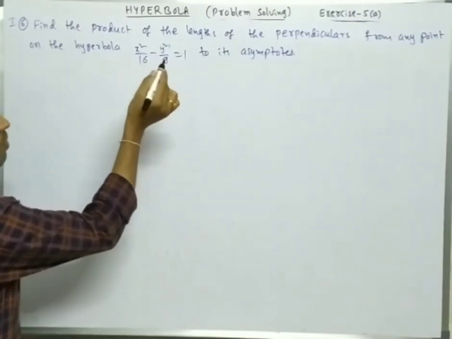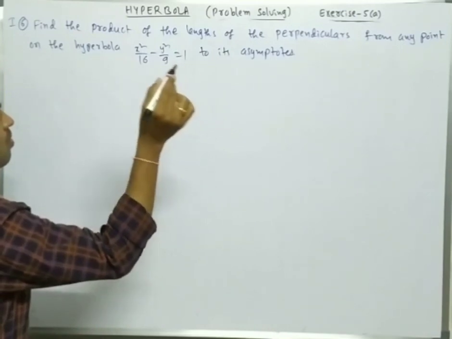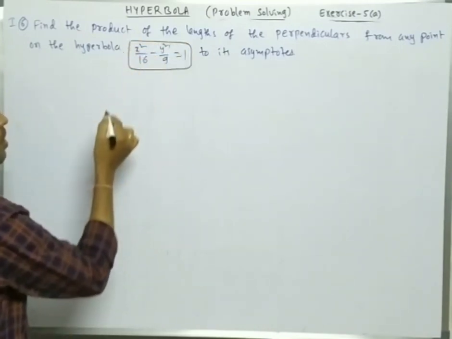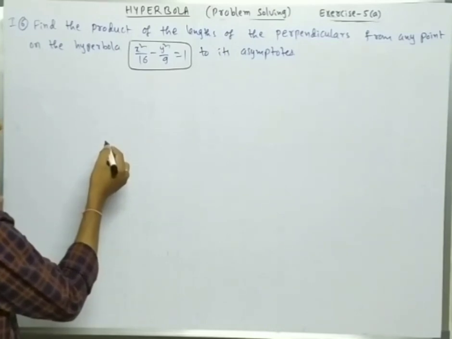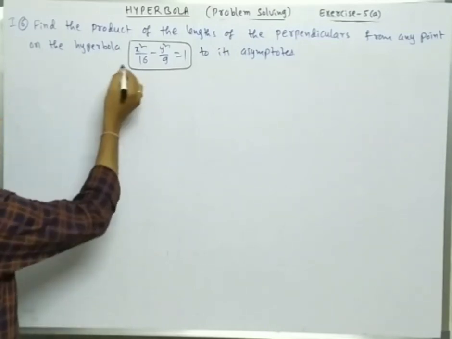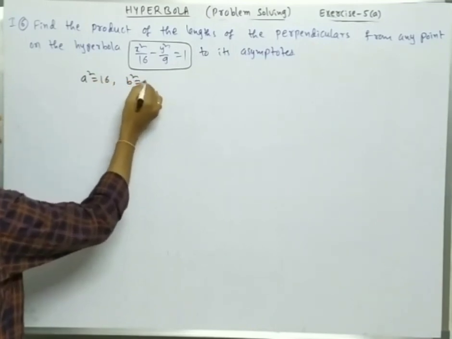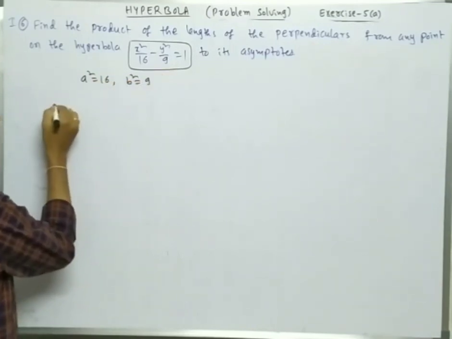Find the product of the lengths of the perpendicular distances from any point of the hyperbola x square by 16 minus y square by 9 equals 1 to its asymptotes. Here compare: a square is 16, b square is 9. What is the formula?